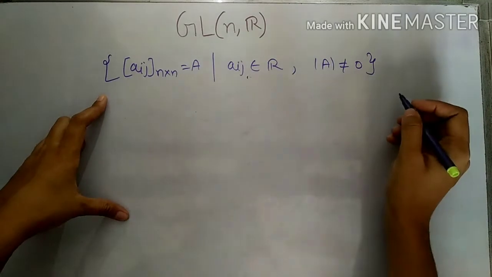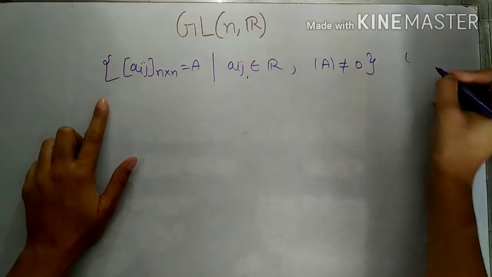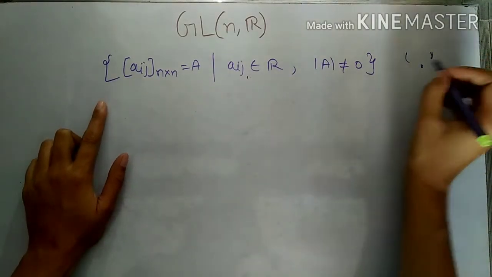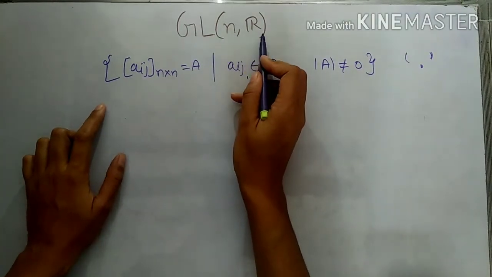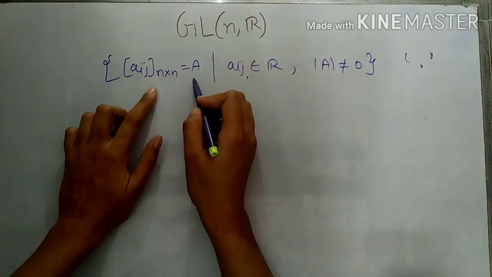Then this set forms a group under what operation? Under the operation of matrix multiplication, and this group is called the general linear group of degree n over R, where n is from n cross n matrices.